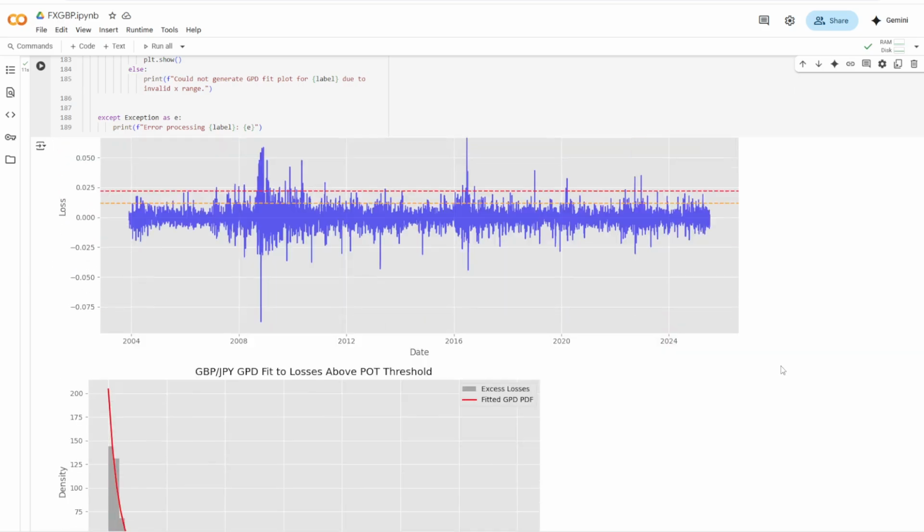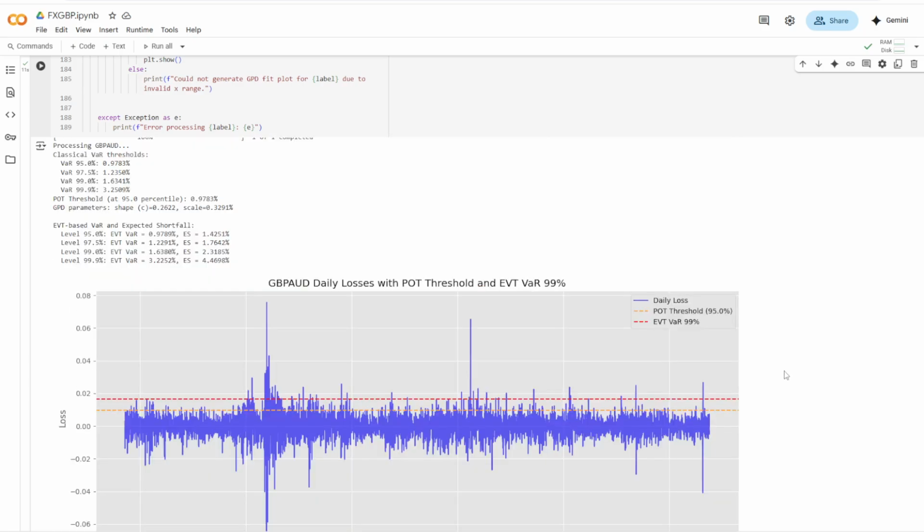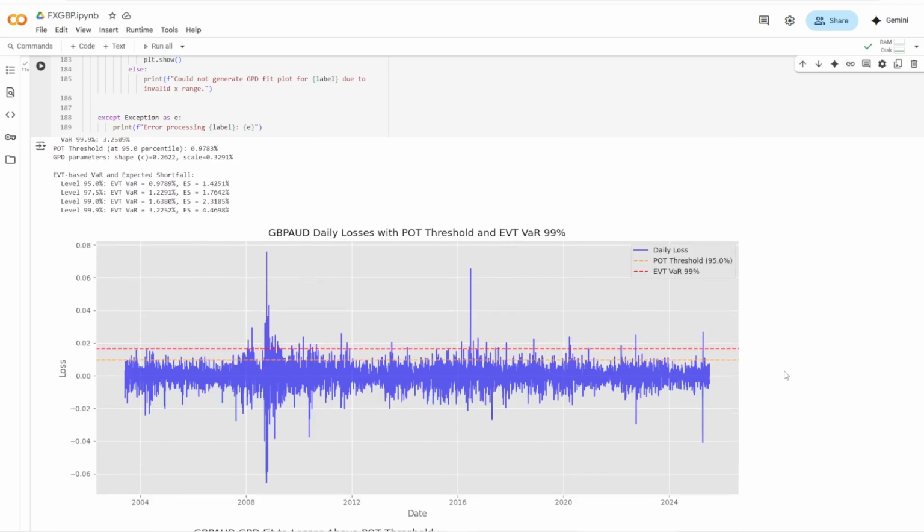But these are very rare events. They don't happen every day because currencies must be stable.